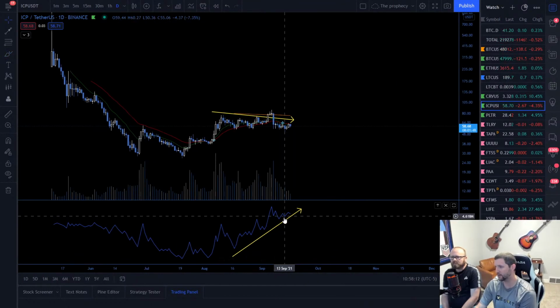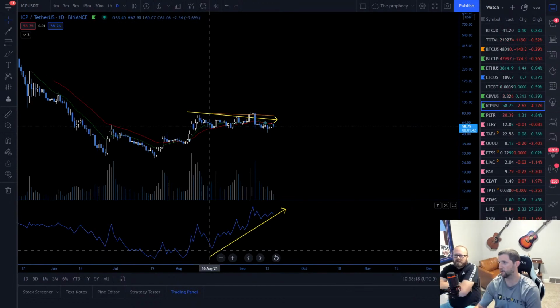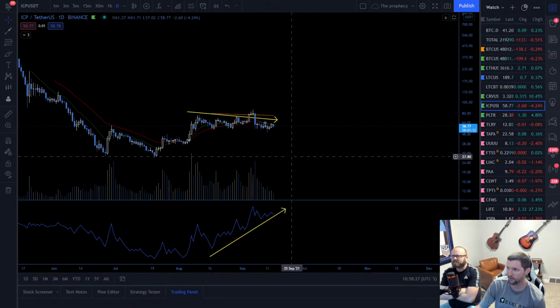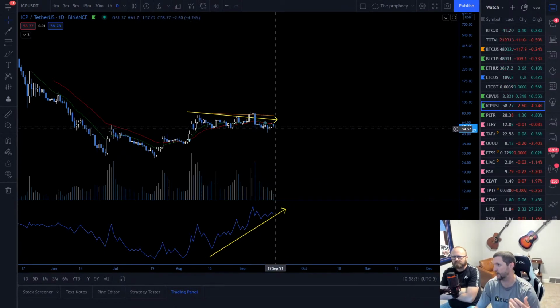But at some point, sellers are going to get tired because buyers have been showing strength for the last month now. What do you mean by laddering? Just slowly buying. If it just drops, I just keep slowly buying as OBV keeps going up. Okay, so rather than filling my position at a certain level and then putting a stop loss below.